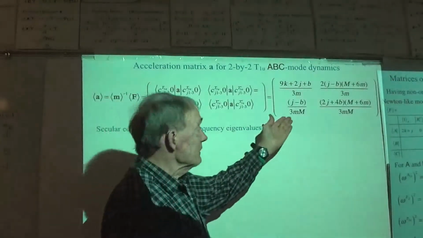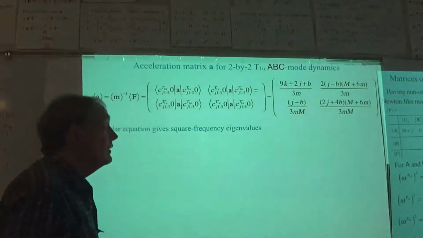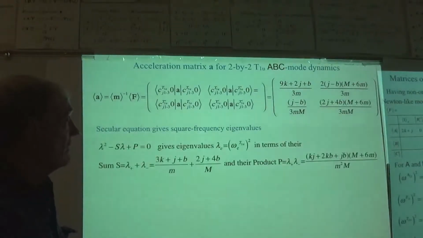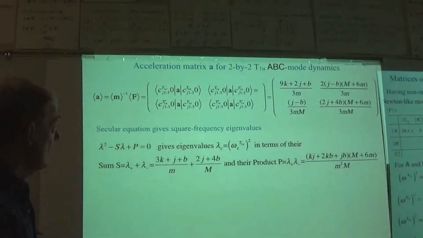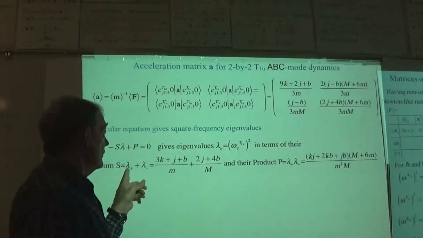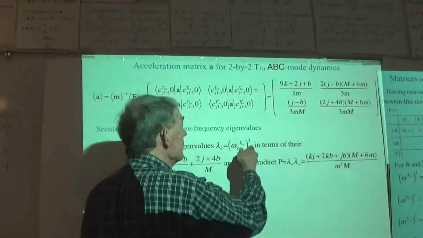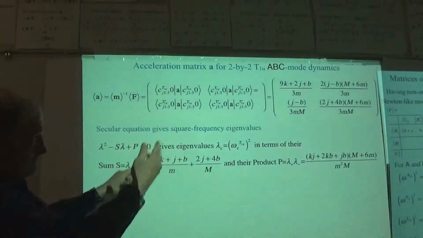So you get a pretty complicated little 2x2 matrix to take care of the pair of T1U's that can still be genuine modes. And it's not an elegant solution by any means, but you can talk about the sum of the eigenvalues and the product of the eigenvalues just from looking at the second equation of this crazy thing here.